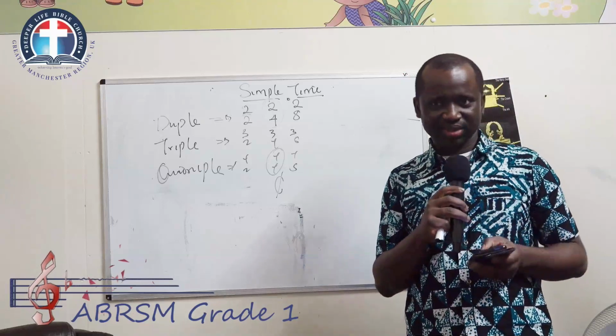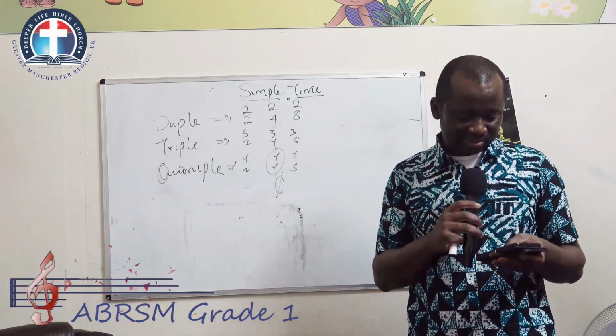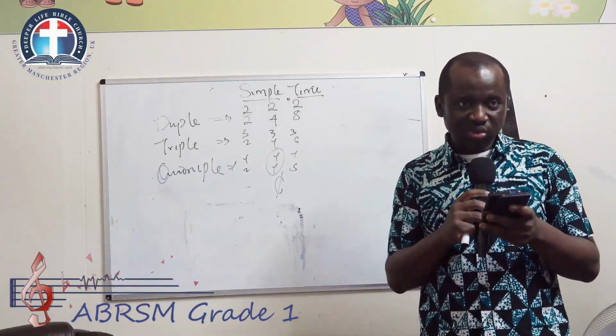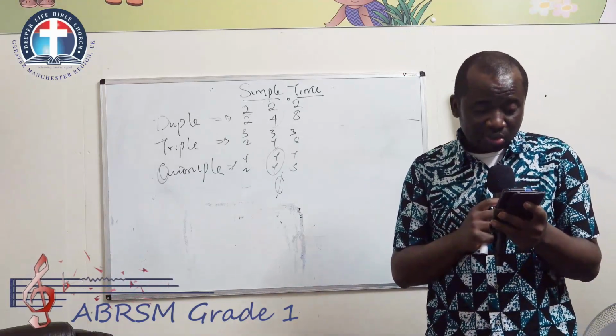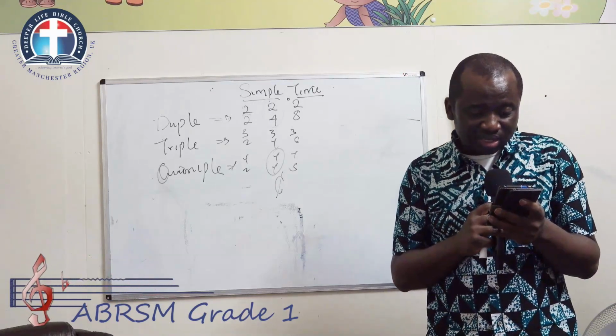What are they asking you to do there? Because they have given you a time signature, now they're asking you, look at it very well. What are they asking you to do there?